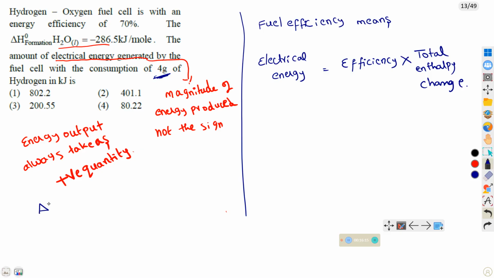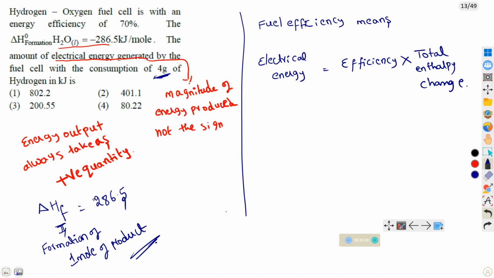What is given? Delta H f is equal to, take positive quantity, 286.5. Enthalpy of formation means formation of 1 mole of product. Formation of 1 mole of product value is 286.5.